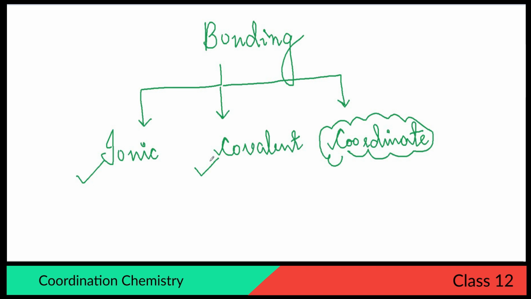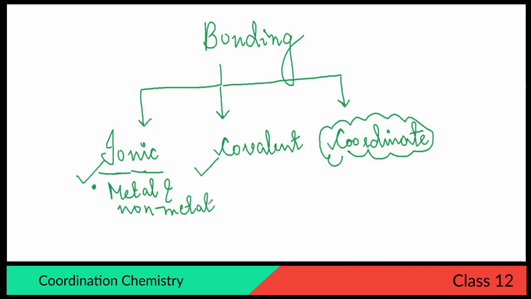Ionic bonding was referred to as a bond formed between two ions, or, if I would be a little more precise, a bond formed between a metal and a non-metal. This was how we had classified ionic bond.